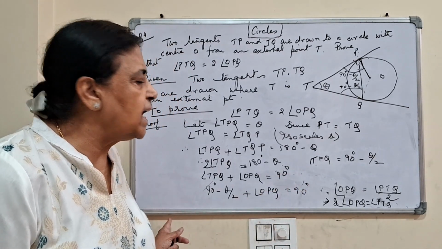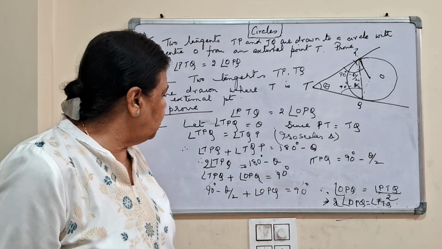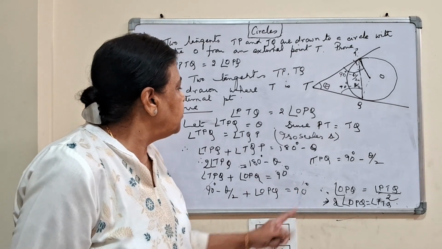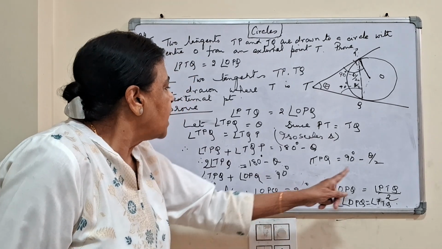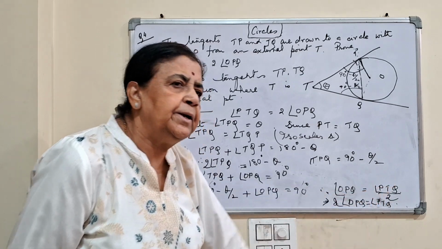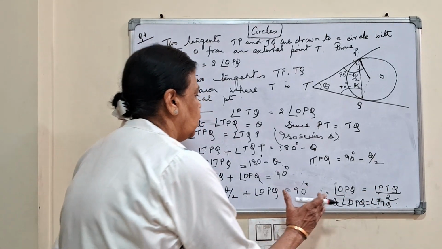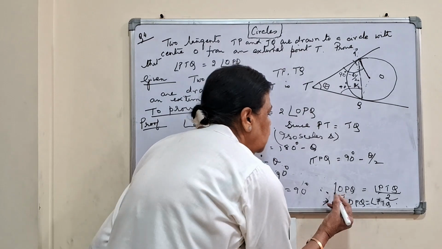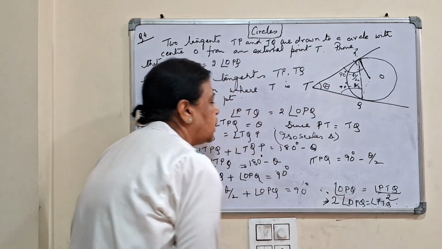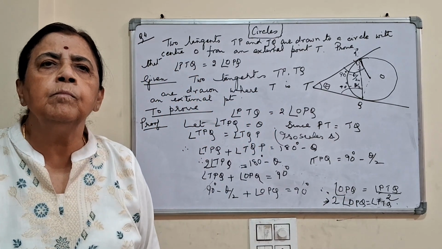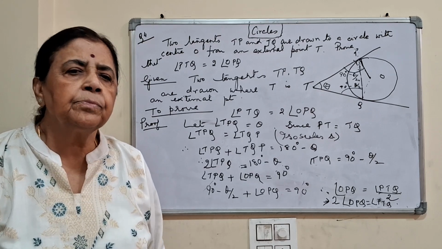The 90s cancel on both sides. Therefore, OPQ is equal to angle PTQ by 2. So twice angle OPQ is equal to PTQ. Follow?